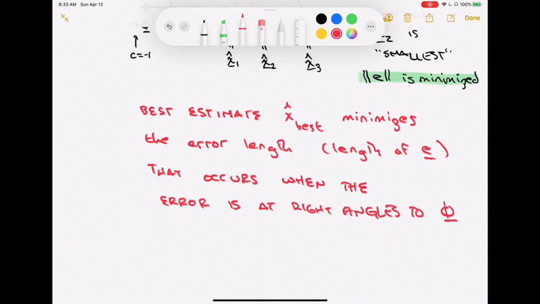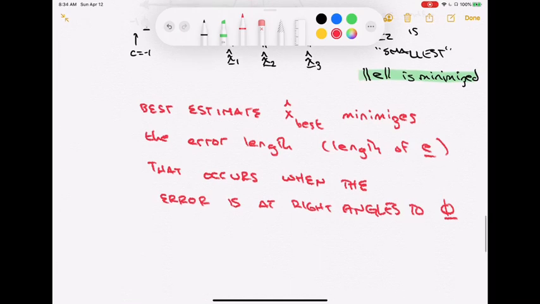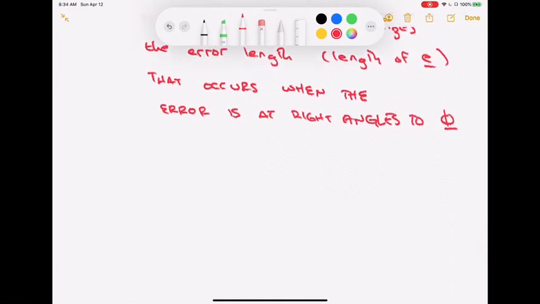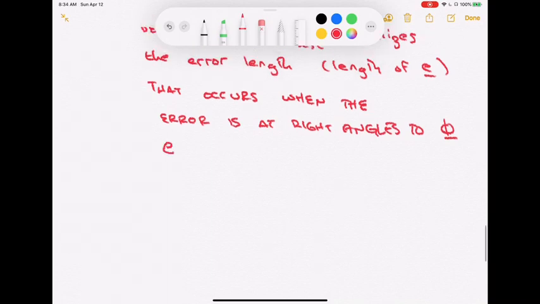There's a more mathematical way of saying that. That basically tells us that the error is orthogonal to. So that upside down t is just read as orthogonal to. In a Cartesian coordinate scheme, that just means at right angles to. So the error is orthogonal to the building block. And as a result, it's also orthogonal to our estimate, which is just a scale of the building block.